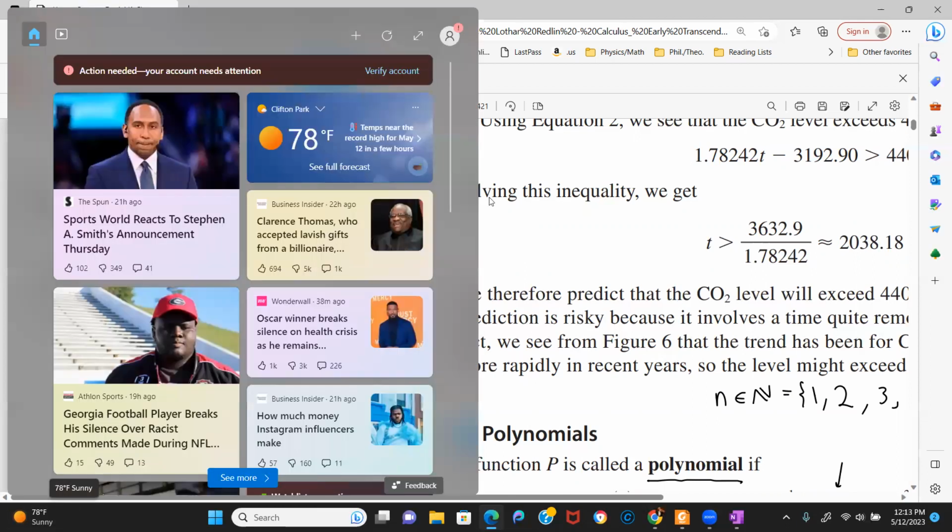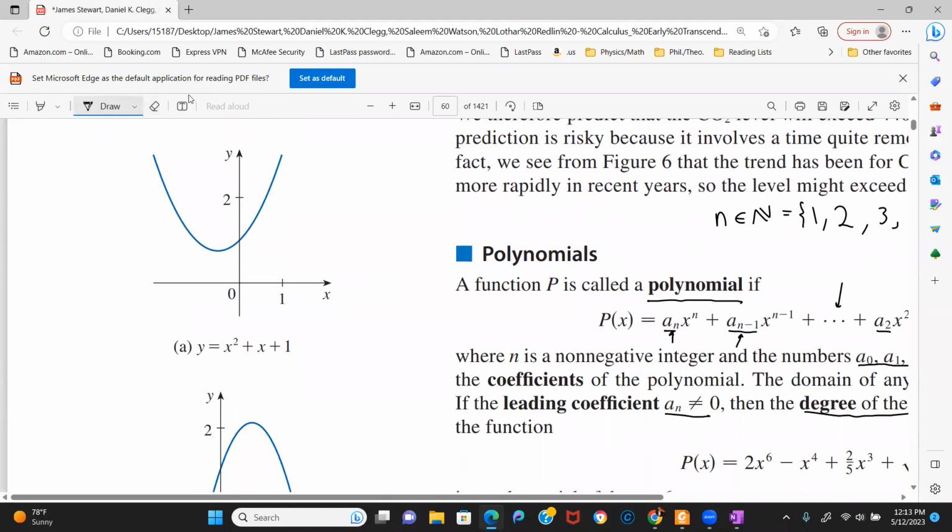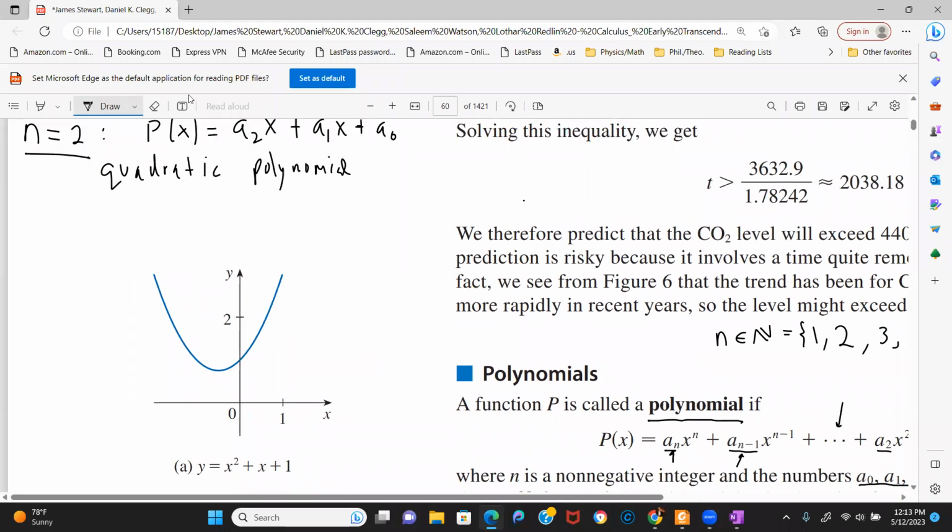You can see that as a transformation by completing the square. For example, let's just take this one right here, x squared plus x plus 1, and complete the square on that. To complete the square, you take half of this coefficient and square it.